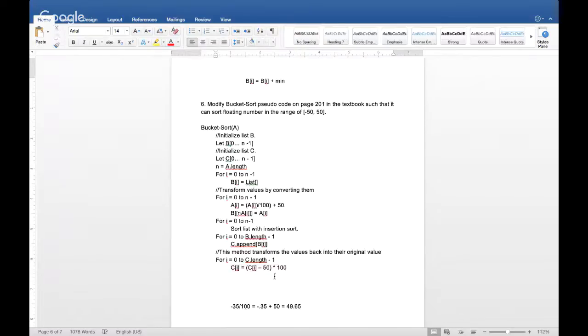So let's just walk through that. Let's say C[i] is equal to 49.65. And now we subtract 50, which will equal -0.35, and we multiply that by 100, which will give us our original -35.